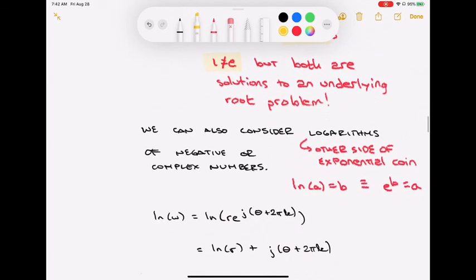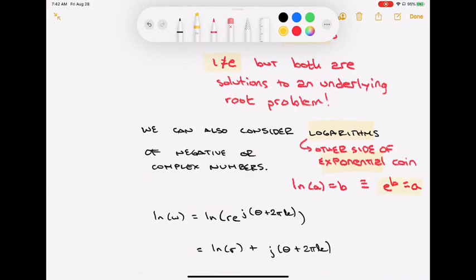We can also consider logarithms in the context of complex numbers. This is something that many students are a little less comfortable with than exponentials. But logarithms are the other side of the exponential coin. Logarithms and exponentials are brother and sister, if you will. Take the exponential problem, e to the b equaling a.